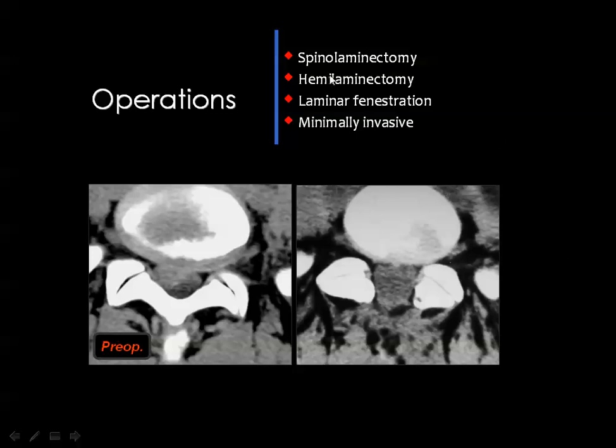The first one was the spinal laminectomy. As you can see here, we remove part of the lamina on the left and part of the lamina on the right together with the spinous process, and we leave the posterior aspect of the spinal canal open, as you can see here, and the thecal sac is adequately decompressed.